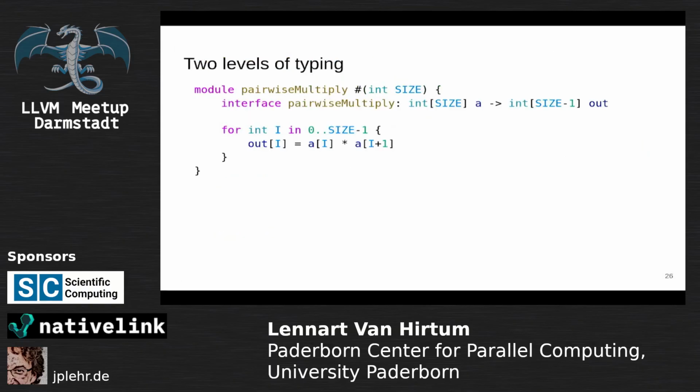To make this possible, to walk this very fine line between being able to generate any hardware and still being able to give good programmer feedback, SUS has two levels of typing. Let's say we're trying to assign one array to another array, and their sizes are determined at compile time by some function.